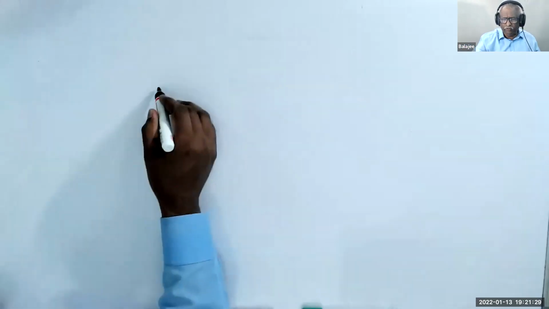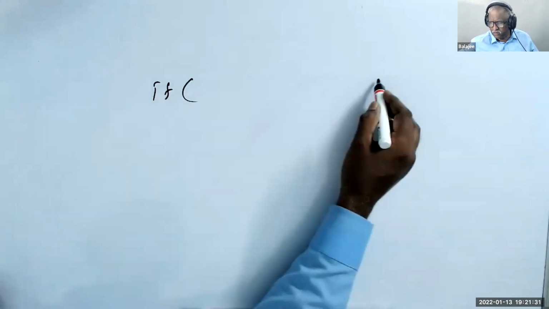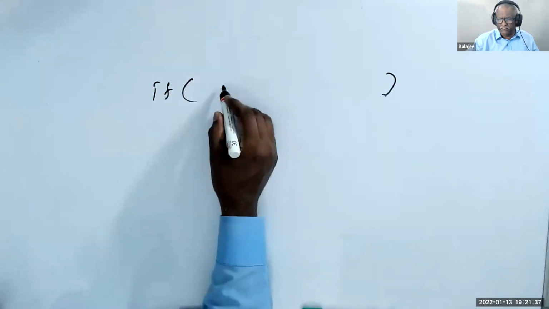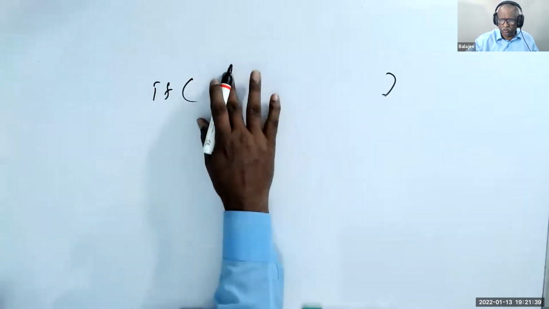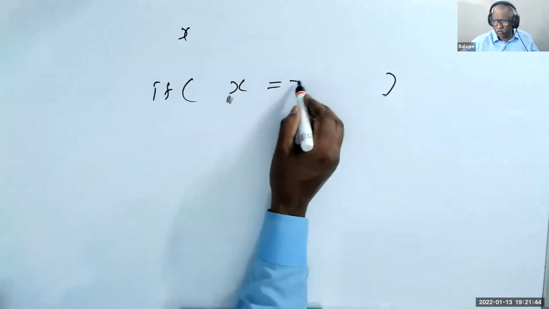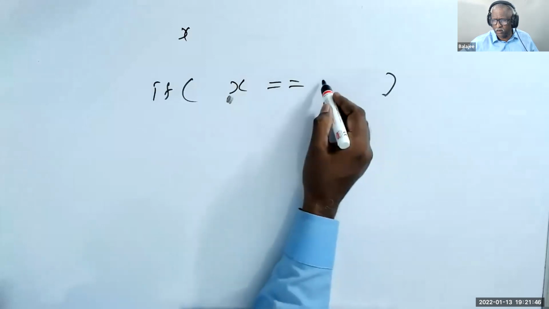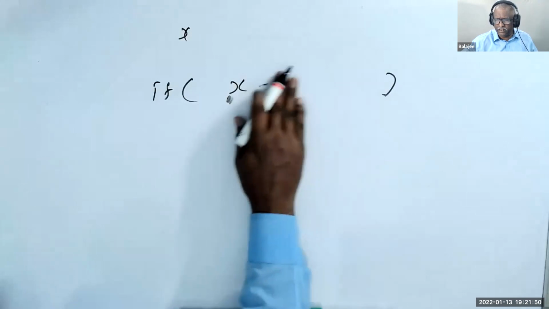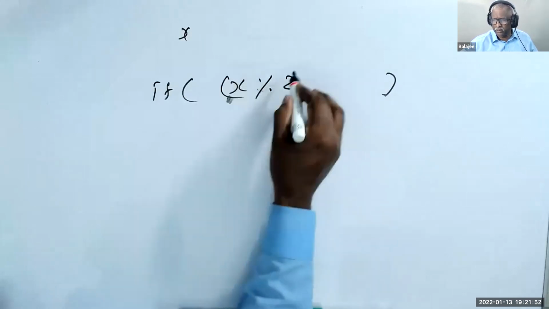You do the same thing here. First I check a number, whether the number is equal to some x. x is an odd number. You check x percentage 2 equal to 1.